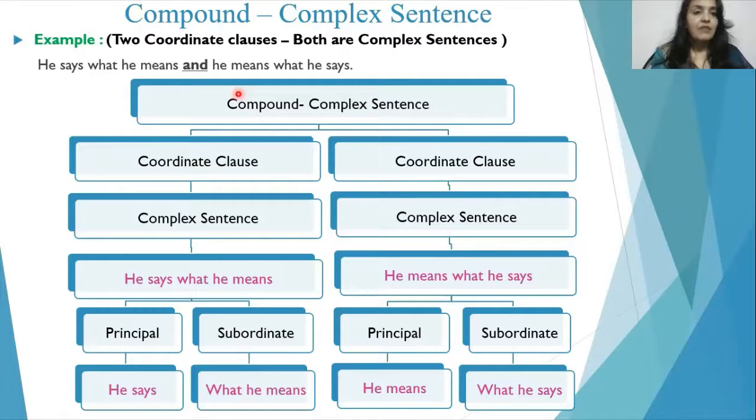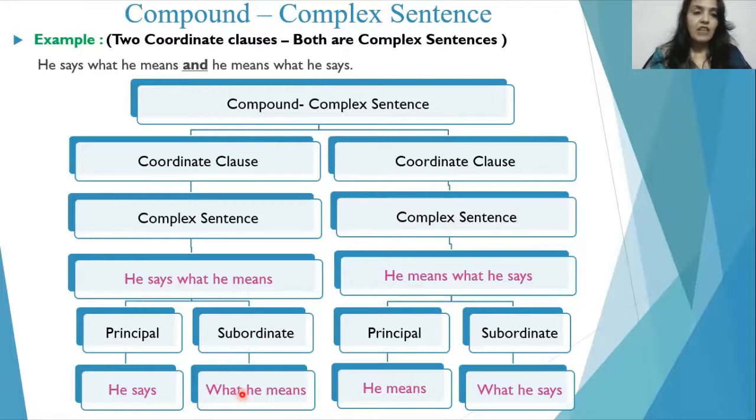If we divide these two sentences this way: he says, okay, principal clause, he subject, says verb. And what has been used here, this word 'what' helps us understand that this is a dependent clause.